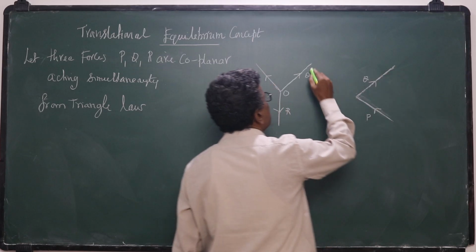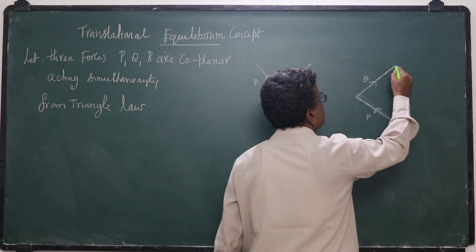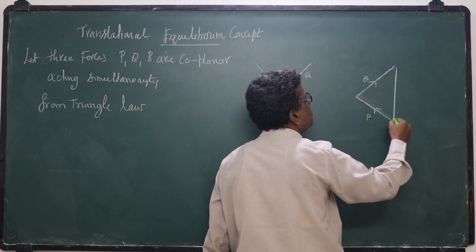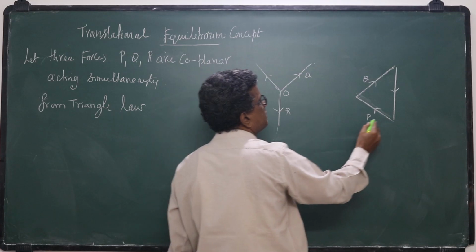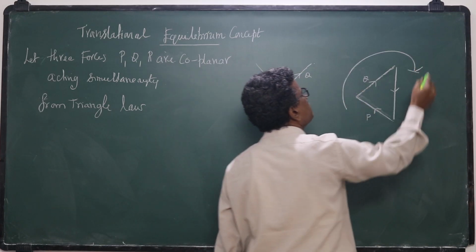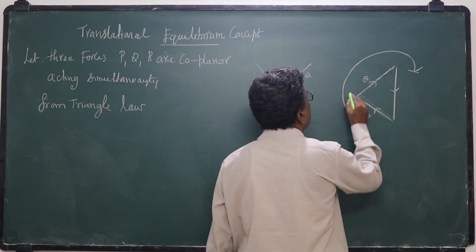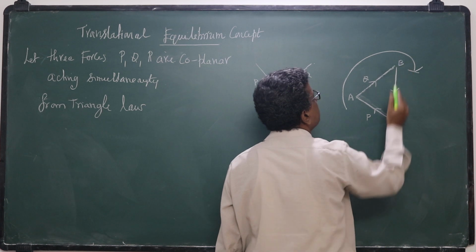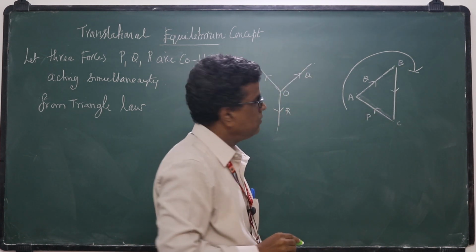Q represents this force and R is represented like this. So see how these three are represented as sides of a triangle. Let the name of the triangle be ABC.